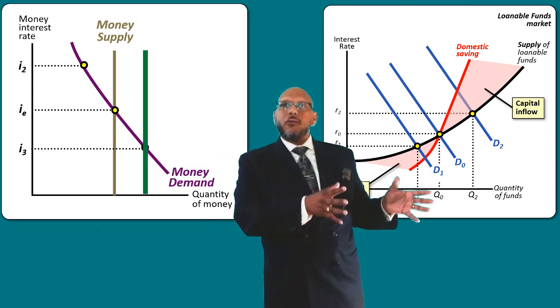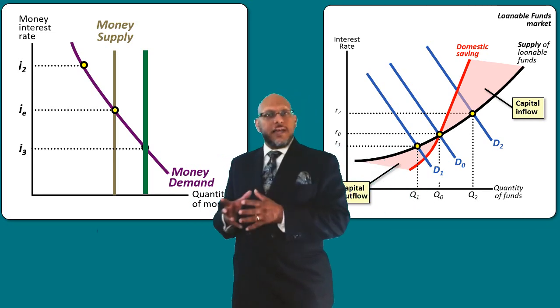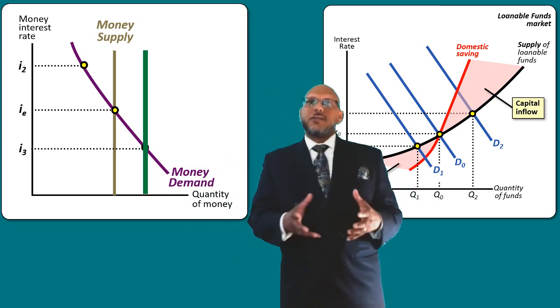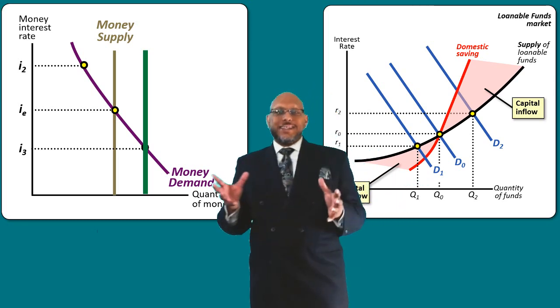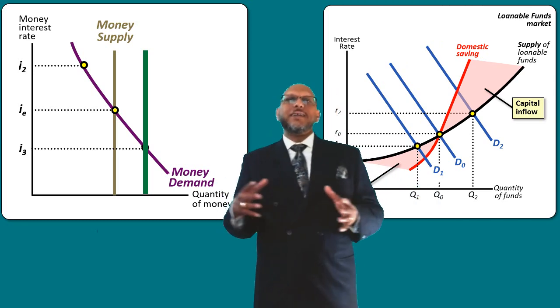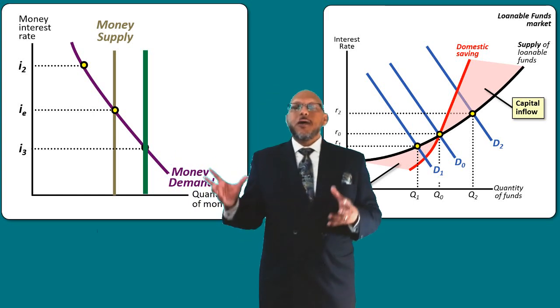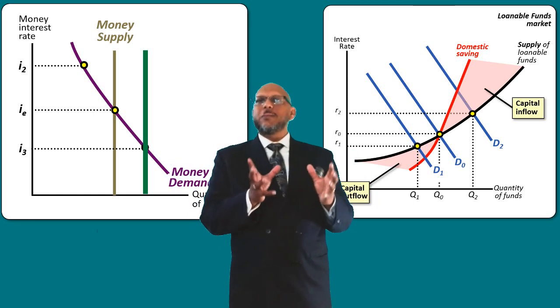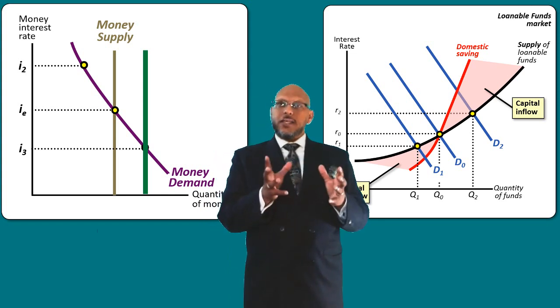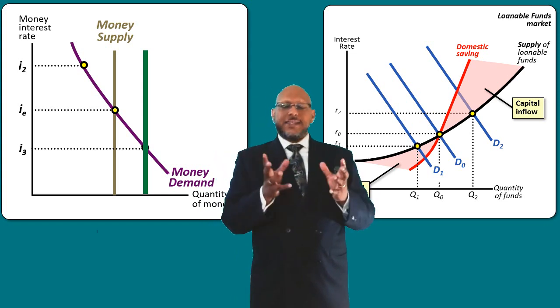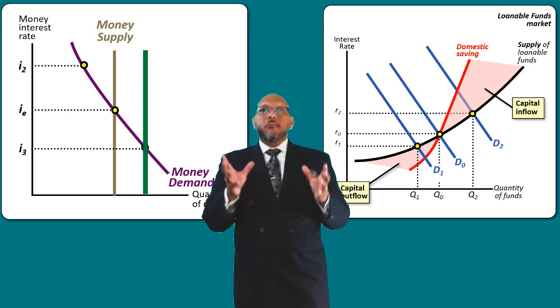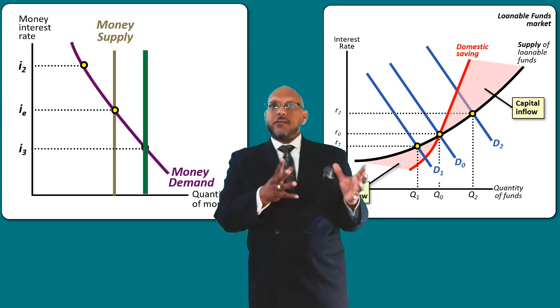People are going to borrow more money because it's cheaper to borrow, and then they're going to spend that money. So consumption goes up. But at the same time, consumption is going to go up because we're taking money out of savings because of interest rates going down. So both pieces happen concurrently to increase consumption.